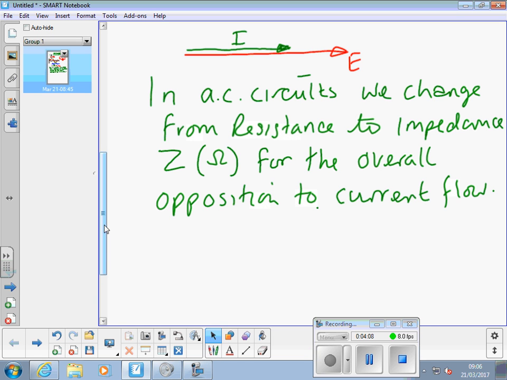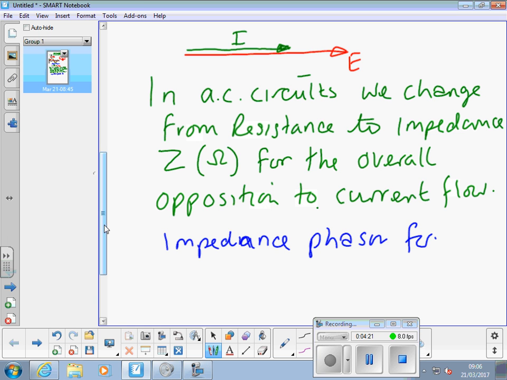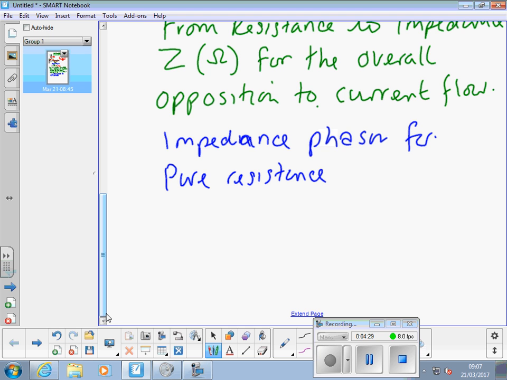So we can have an impedance phasor like so.